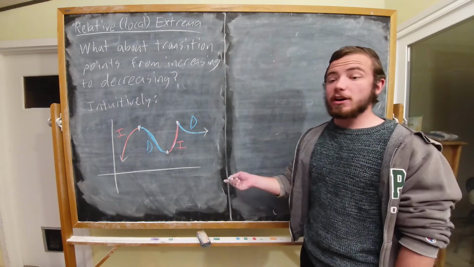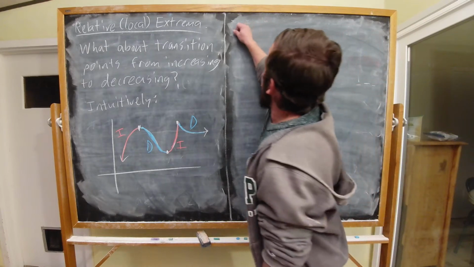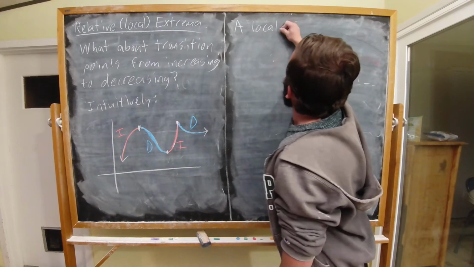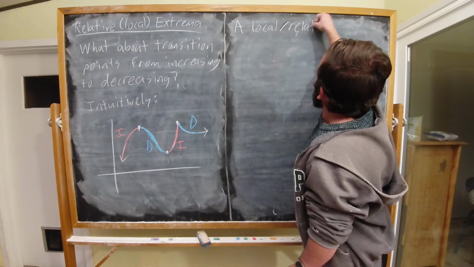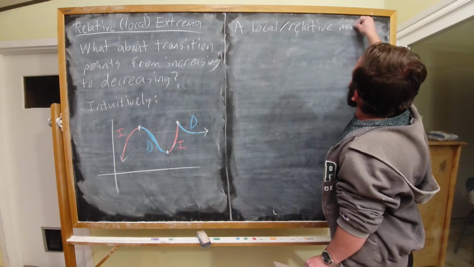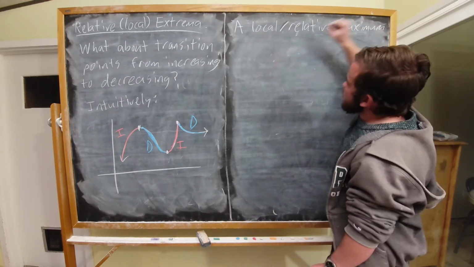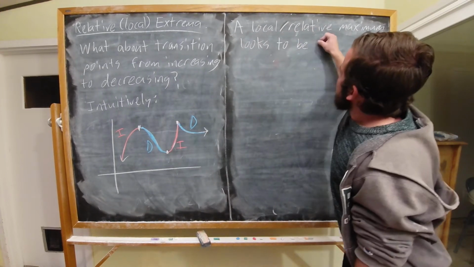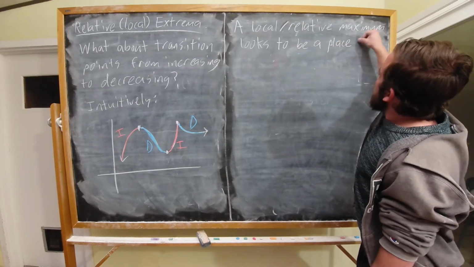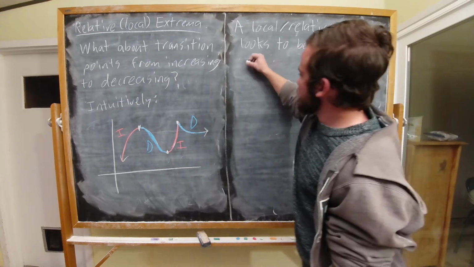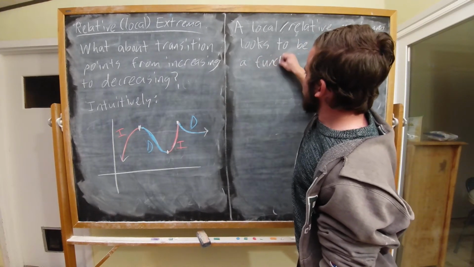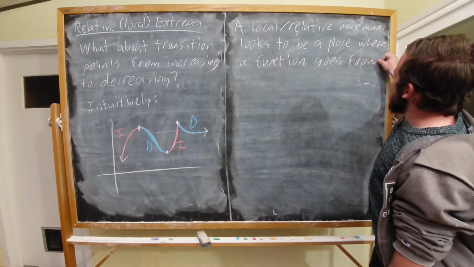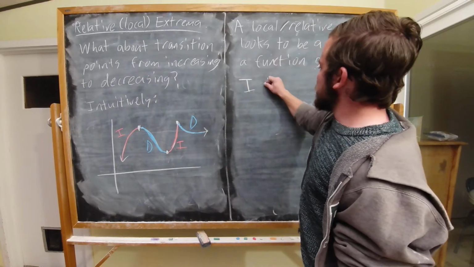So, judging off of this, a local maximum, or in other words, a relative maximum. Your book uses the word relative. Looks like a place, or looks to be, where a function goes from increasing to decreasing.